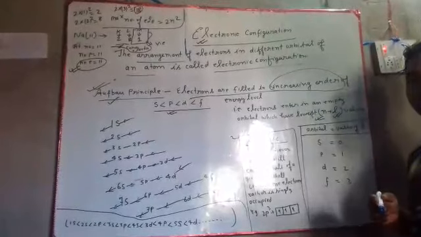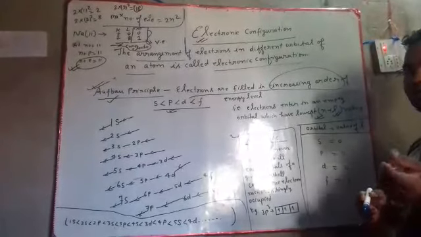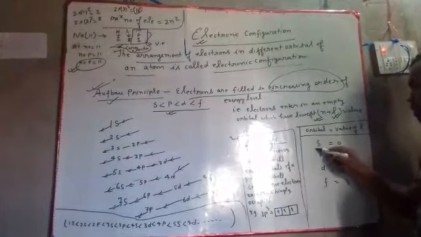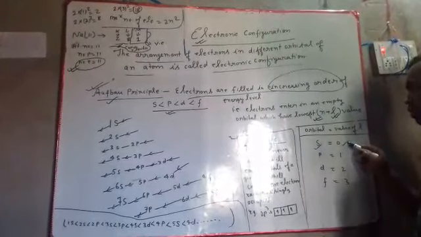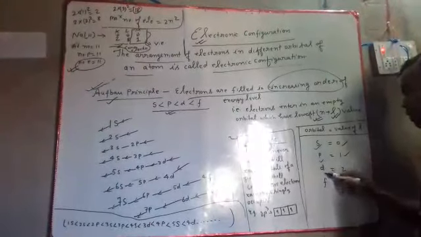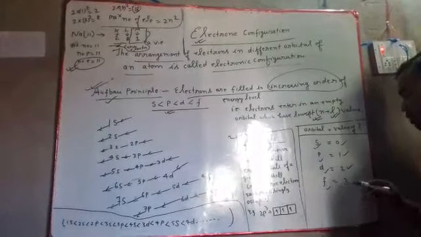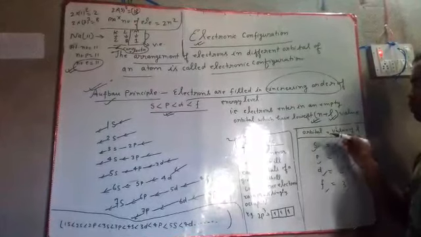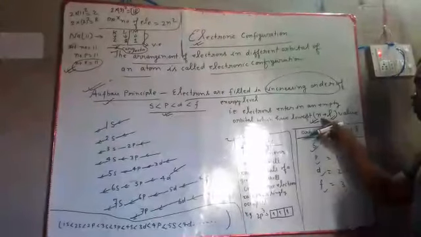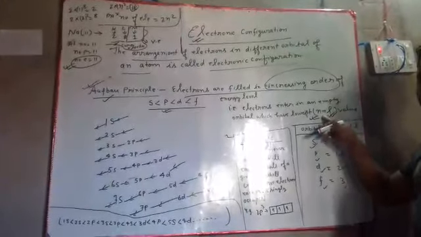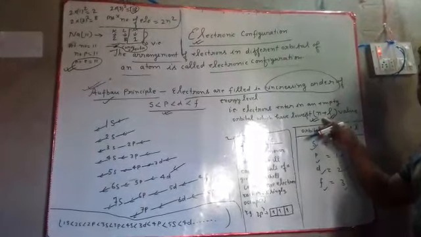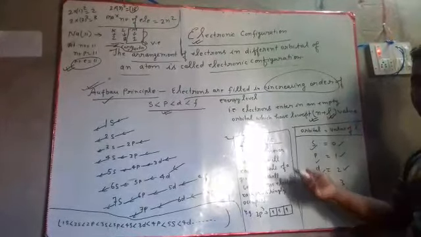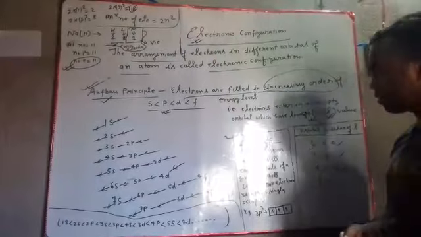But you simply learn the value of L. For S orbital, the value of L is 0, P orbital 1, D 2, and F 3. The orbital which has the lowest value of N plus L, electrons will enter that first, then after that, another.